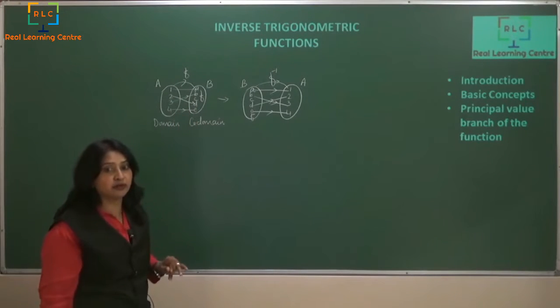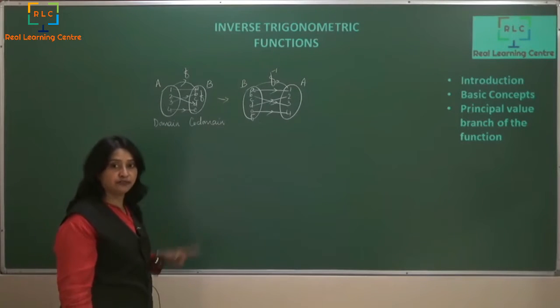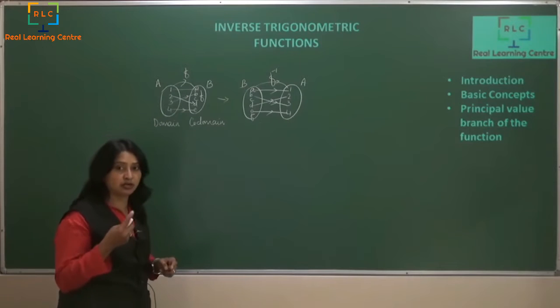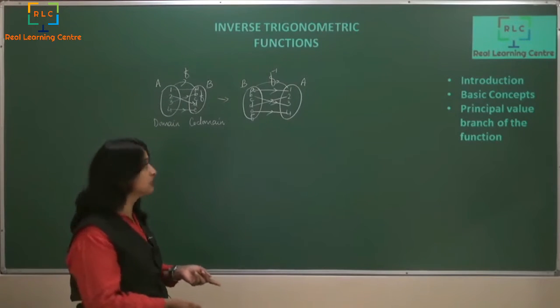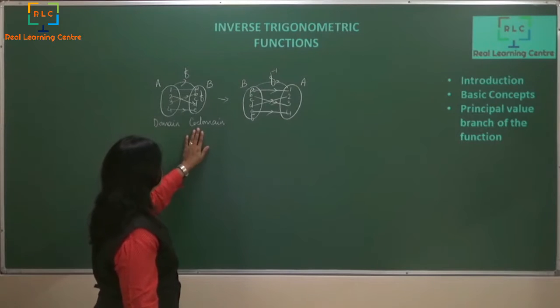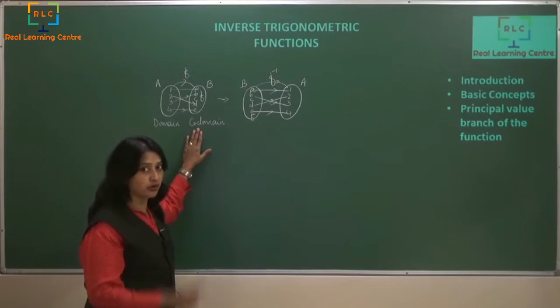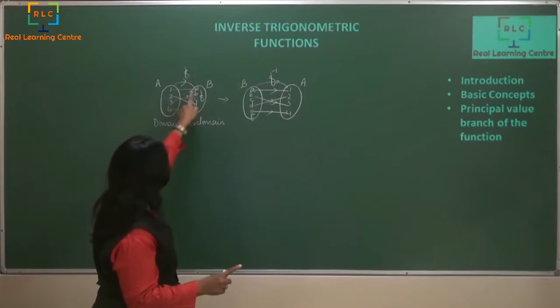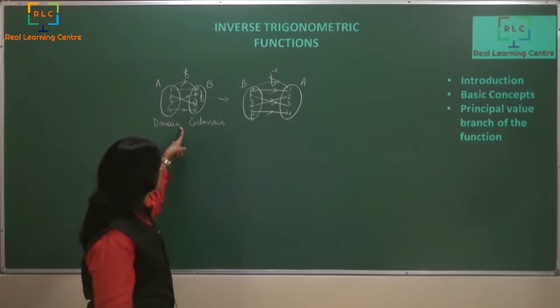When you want to find out whether it is a function or not, you are going to see only the domain. And if it is a function, further you will check the conditions in the codomain and decide what kind of function it is. So here we decided it is a one-one function because the elements are acting as image only for one element. So there is a one-to-one correspondence, therefore it is a one-one function.